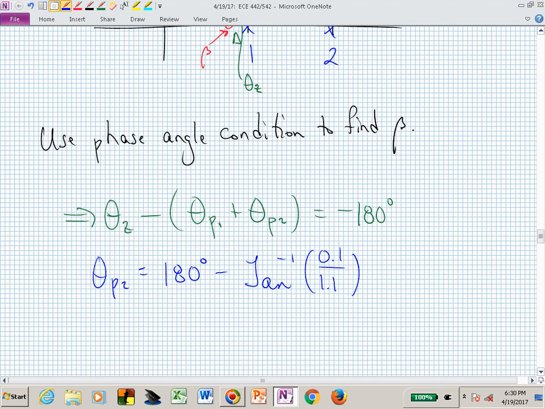And your calculator a lot of times likes to just work with angles between plus and minus 90. So this makes it easy. Which, if you do this isn't a very big angle. This is 5.194 degrees. So that now we subtract that from 180. The angle contributed by that pole at 2 is now 174.8 degrees.